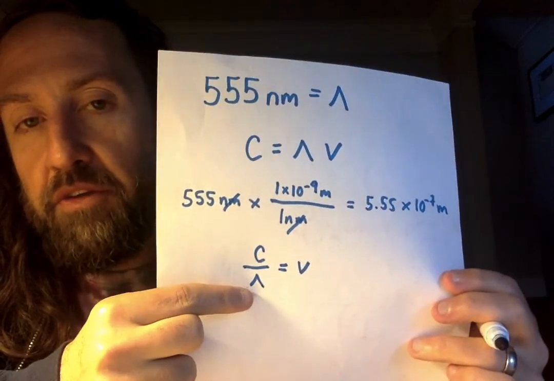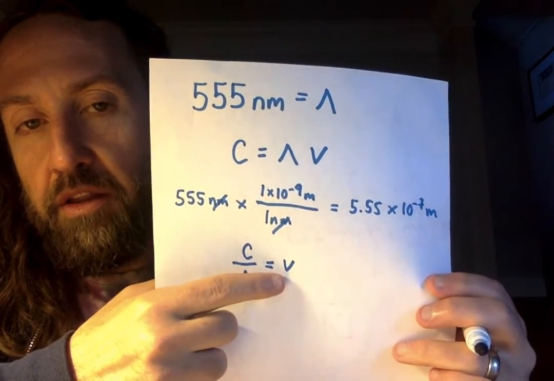I put both things I know on the same side, and that's what I'm looking for. Seems pretty easy. 3.00 times 10 to the 8th meters per second over 5.55 times 10 to the negative 7th meters equals the frequency. That should be a large number.